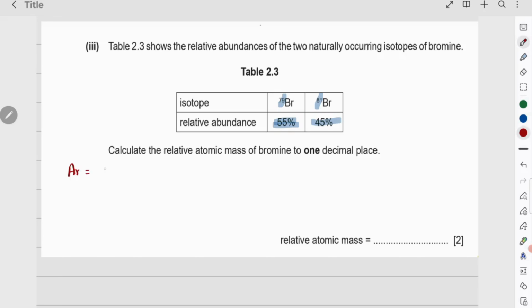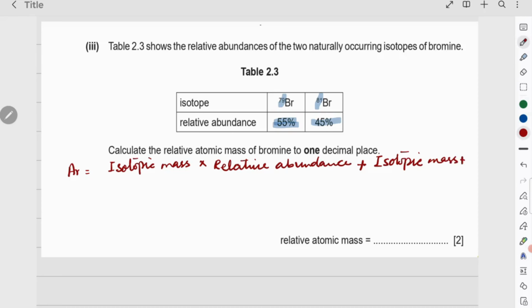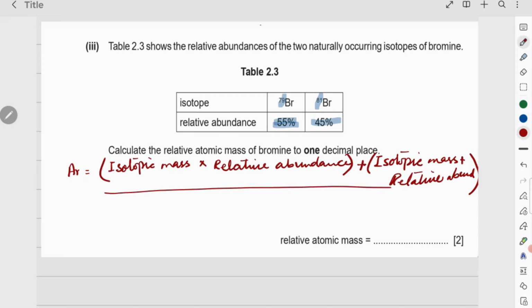Relative atomic mass is equal to the isotopic mass multiplied by relative abundance, similarly again, plus isotopic mass multiplied by relative abundance, divided by 100.